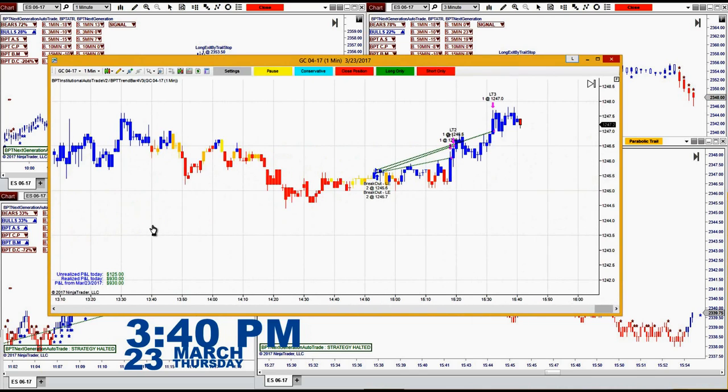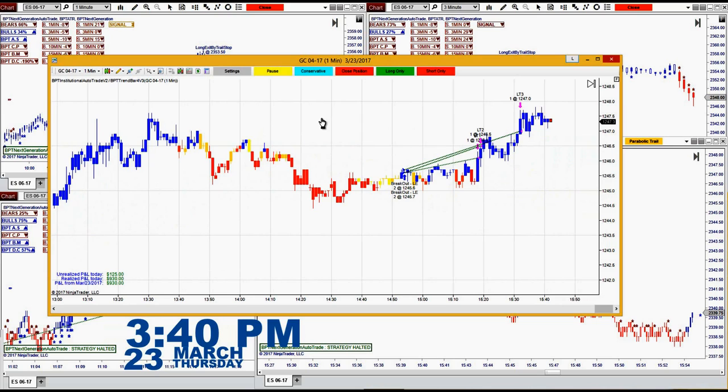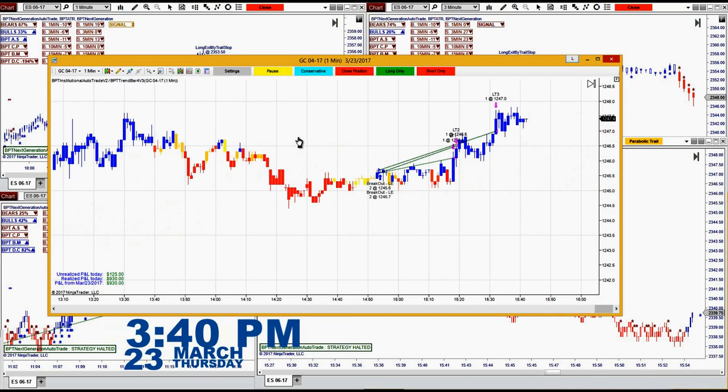On the NT7, this is what you're looking at, the institutional auto trade. The institutional auto trade has a button here, conservative. What does that mean? It's only going to take a trade when there is a really strong trend, with all kinds of confirmation before it takes a trade.